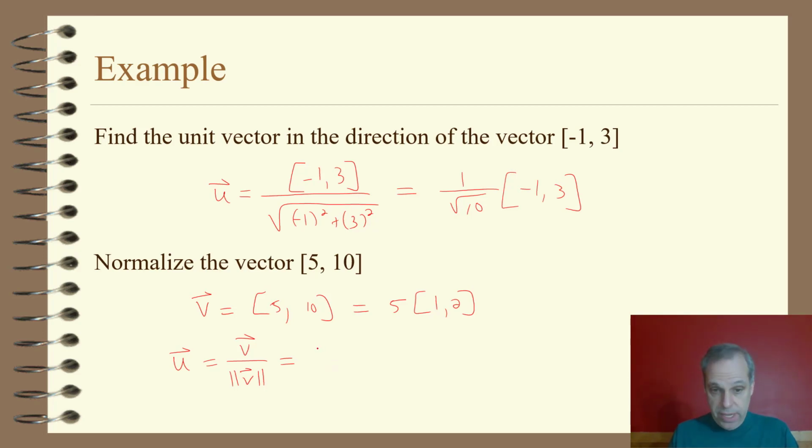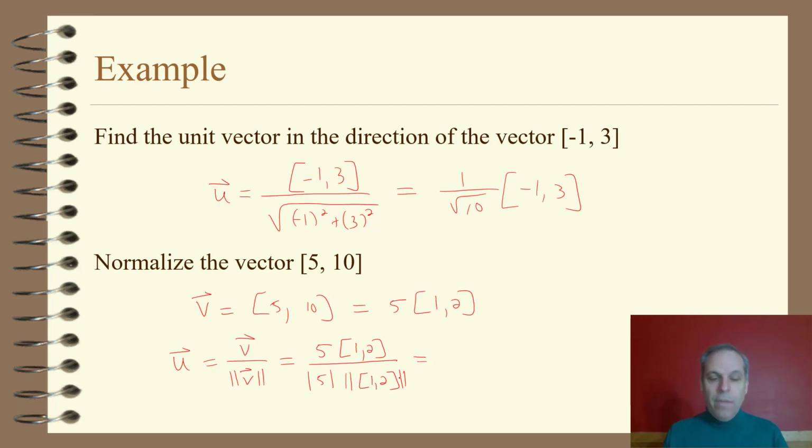So this would then be v, which is 5 times 1, 2, divided by the length of that vector. But the length of a scalar multiple times a vector is the absolute value of that scalar times the length of that vector.